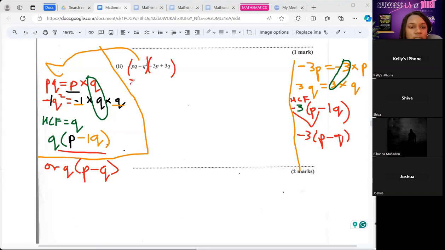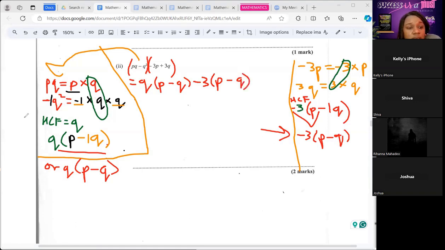So putting this together, starting from the answer for the first bracket, the last thing I have there, I'll put q, open brackets, p minus q, close brackets, and then I continue with this. The sign that's in front of the 3, I put in here: negative 3, p minus q.